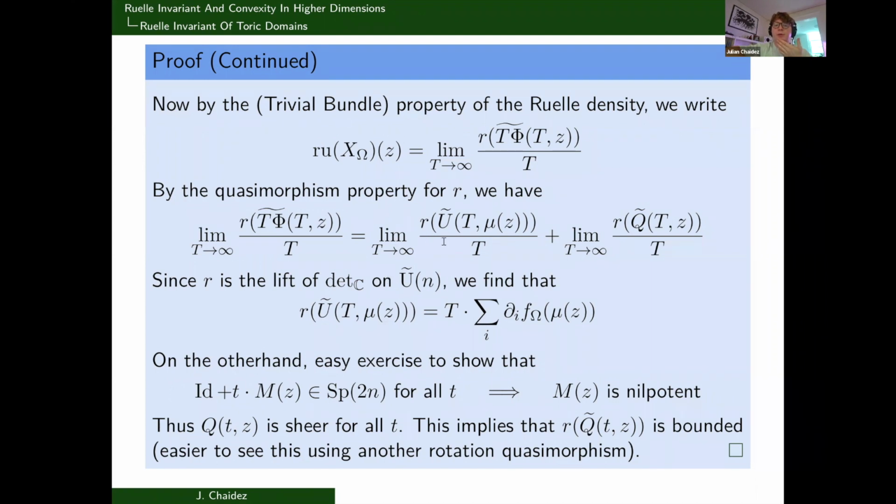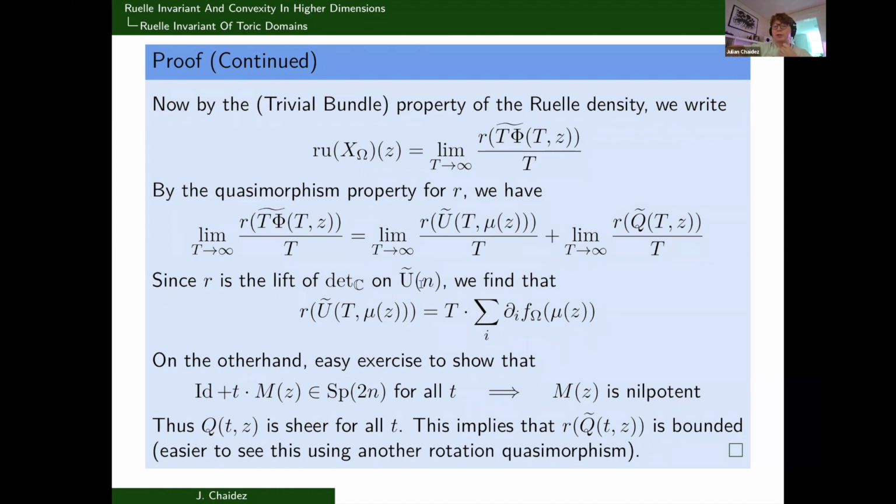Now the determinant quasimorphism that I mentioned before is basically just a lift of the complex determinant on the universal cover of the unitary group. So since these matrices U are unitary, that term just turns into the complex determinant. If you looked at the matrix U before, it was just a diagonal matrix with e to the i something in each diagonal term.